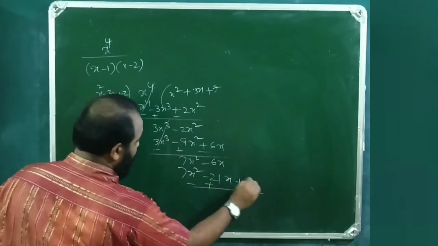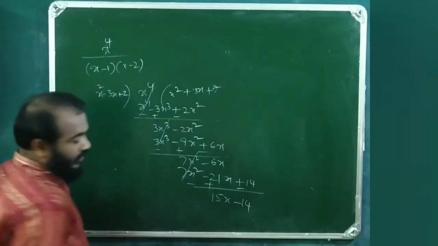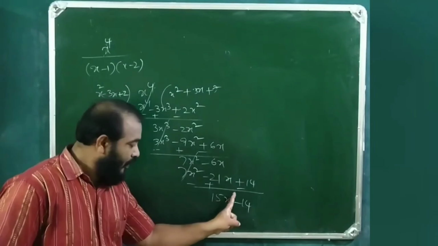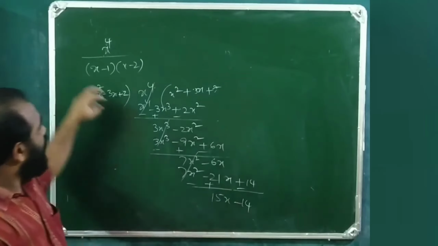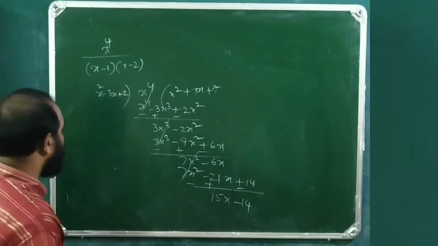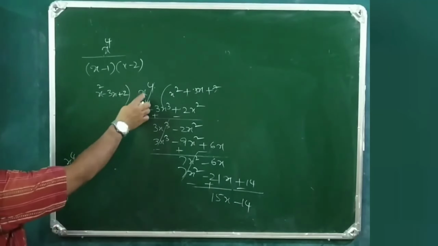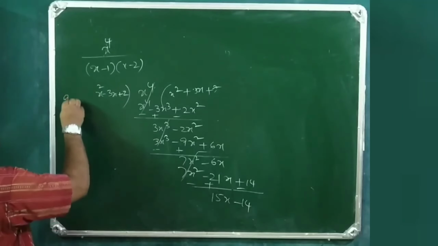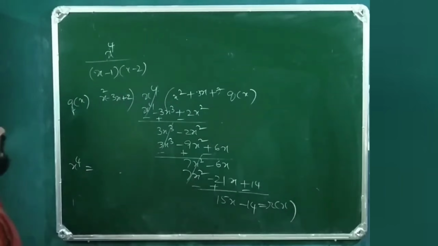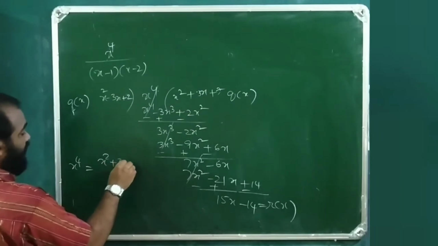Subtracting, 21 minus 6 is 15x minus 14. Now compare the degrees. The degree of this remainder is 1, the degree of g of x is 2. Therefore we have to stop. So the quotient is x square plus 3x plus 7.